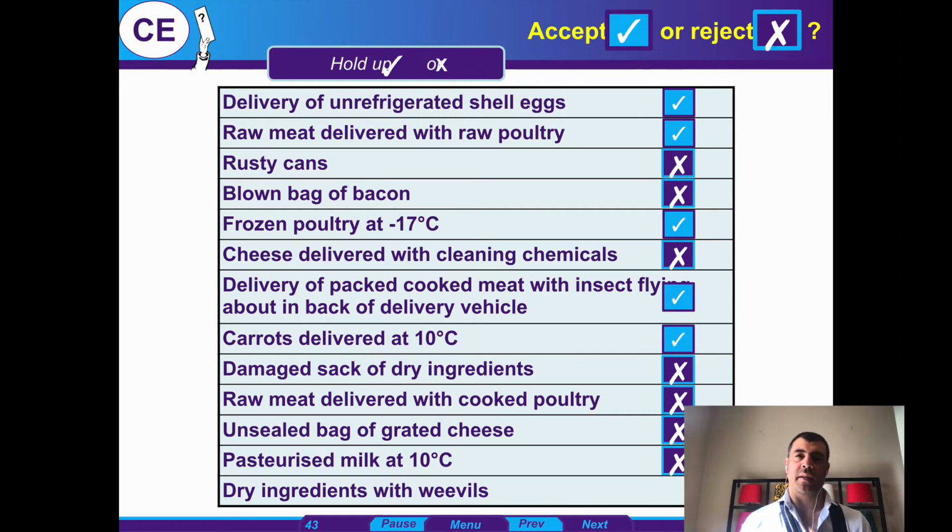So pasteurized goes in the fridge, sterilized can go in dry store. Dry ingredients with weevils. So weevils are small worms, so this is definitely reject.